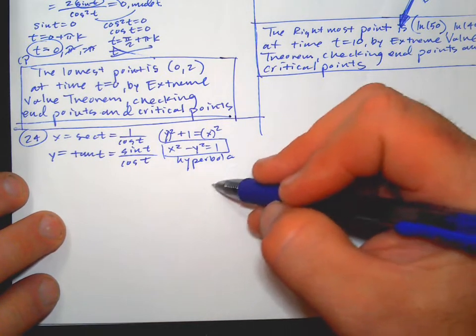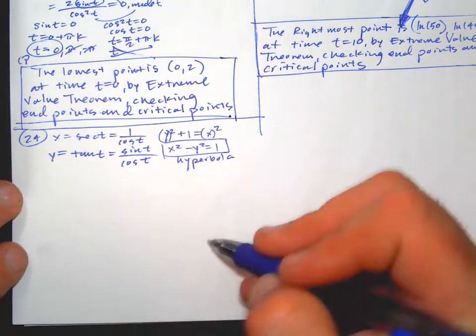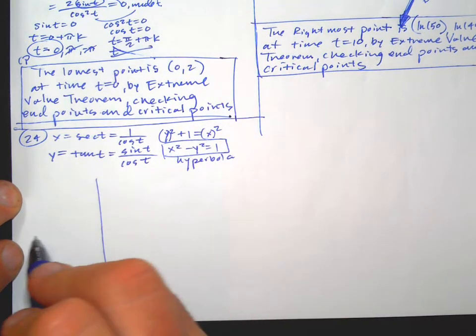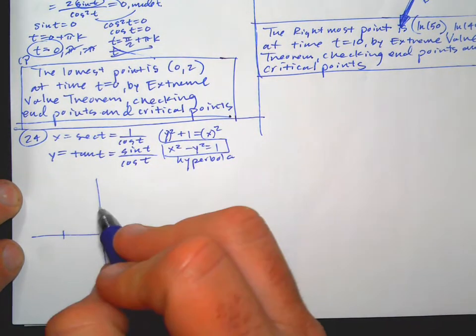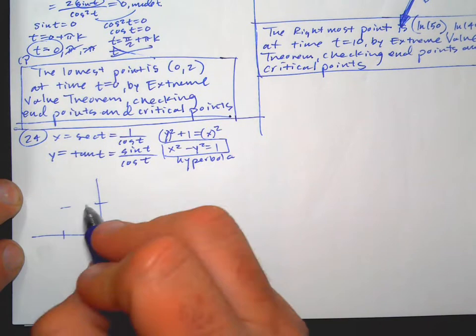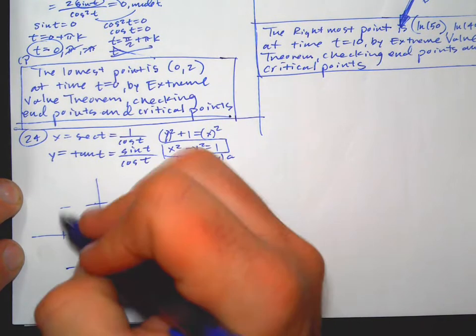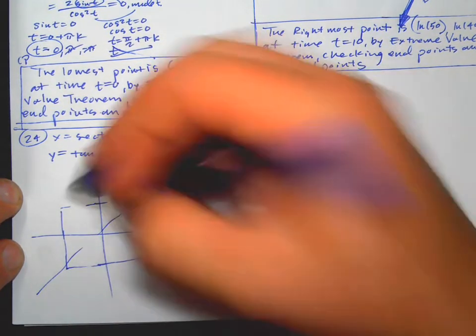So let's see. I'll sketch it here. Box, diagonals.